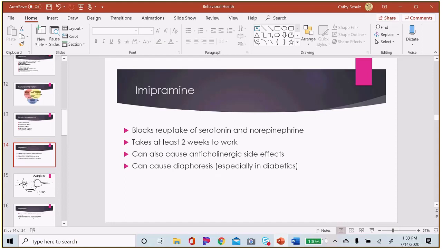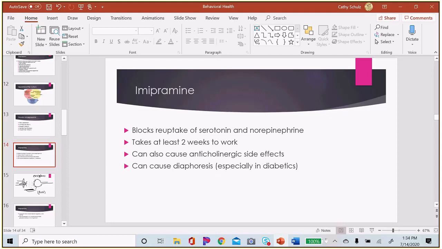And then we have to remember what anticholinergic means: we're blocking acetylcholine. So it's similar to the sympathetic nervous system.